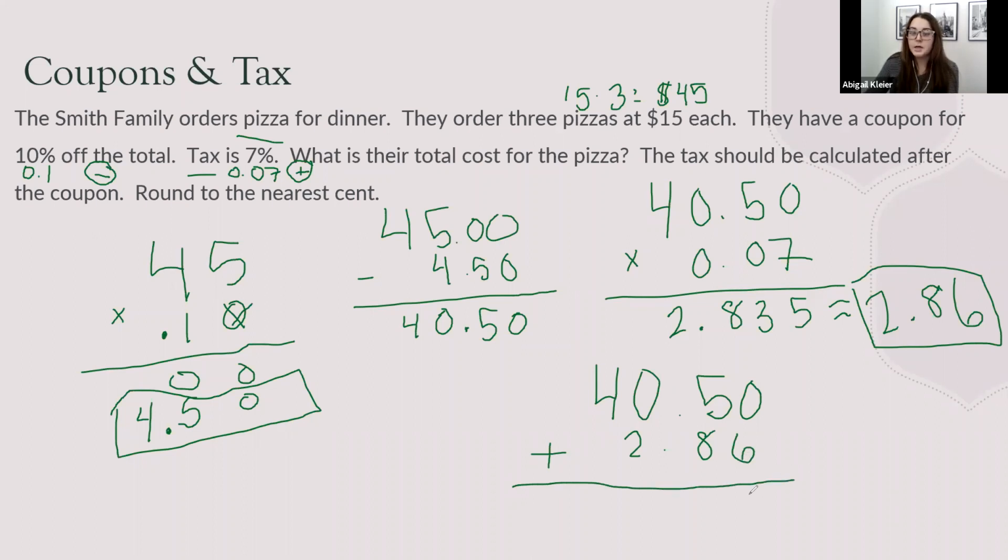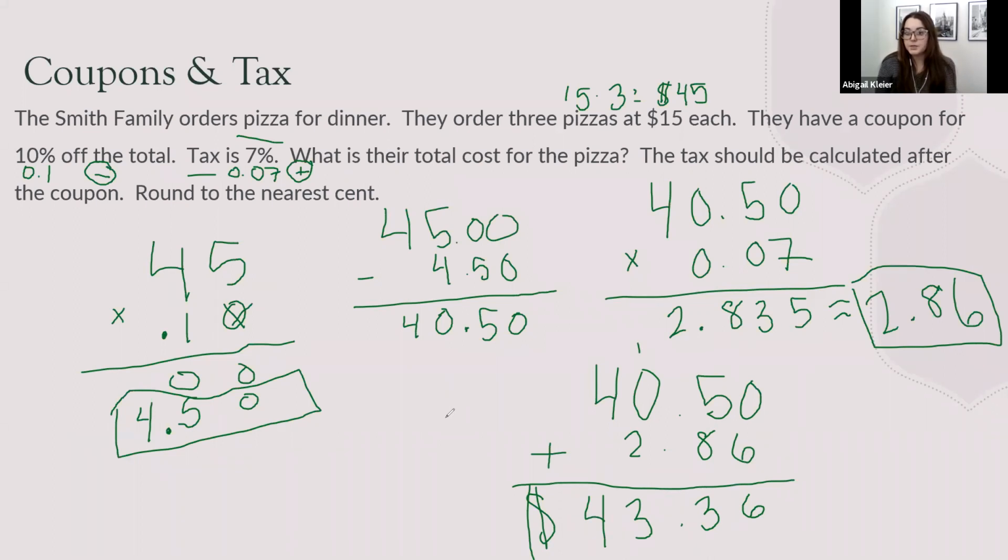And let's go ahead and add it up. 6, 13, carry the 1, 3, 4. So at the end of it all, the Smith family is spending $43.36.